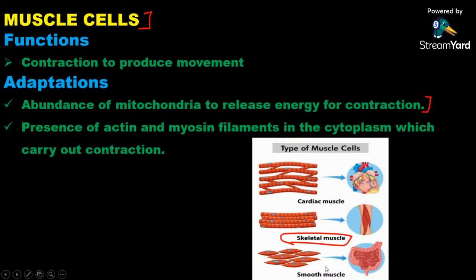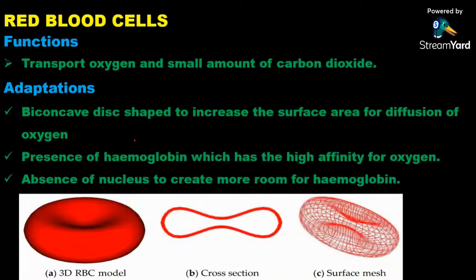We have smooth muscles that are found in delicate organs or parts of the body, such as the intestine. So three types of muscles: skeletal muscles, cardiac muscles, and smooth muscles. Then the other specialized cell that we can look at is the red blood cell.